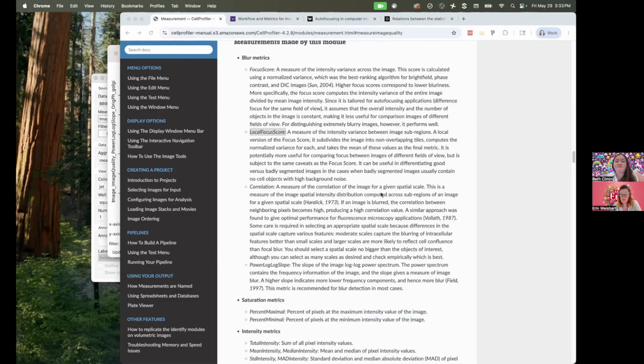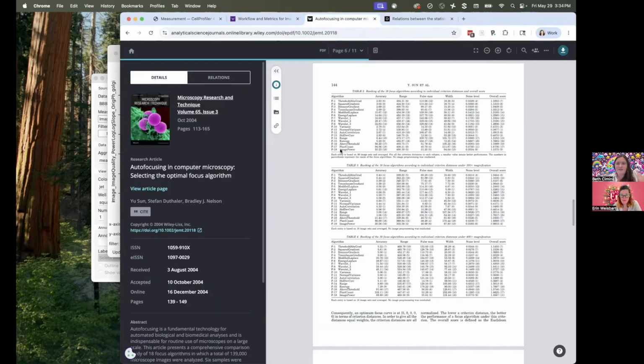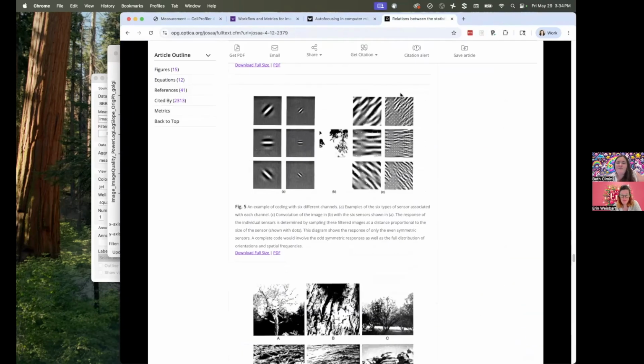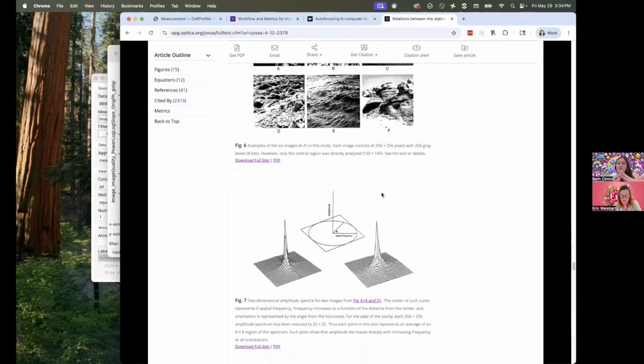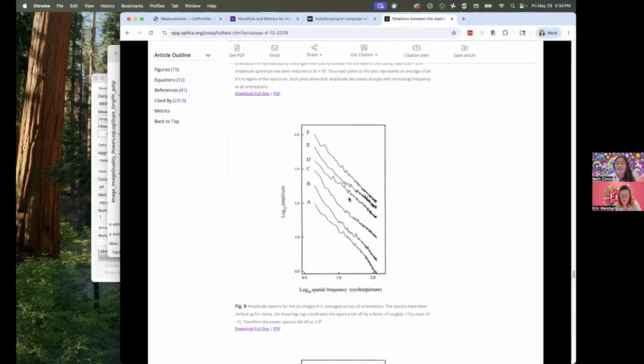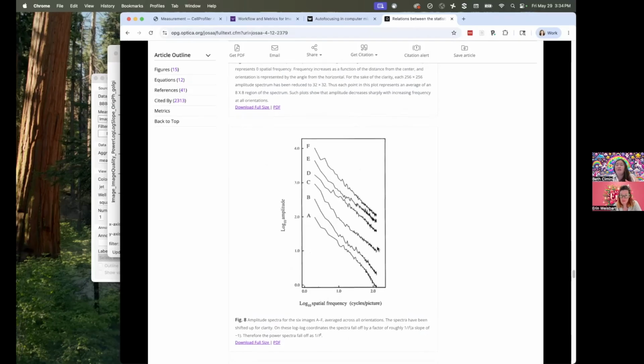There's also the power log slope, which I won't go too deep into the math for, but basically it goes into the frequency space of the textures in the image, and then takes the log of a couple different metrics, and you ask, what is the slope of these particular lines of measurements in frequency space?